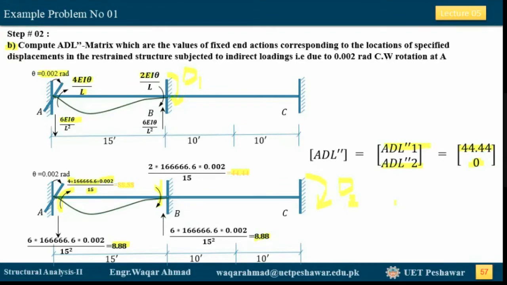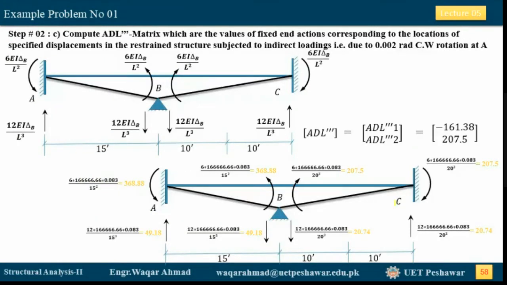Now in step number C, we are going to take the values of the fixed-end actions which are induced due to this 1-inch settlement at support B. The moments at the near and far end are equal to 6EI times this settlement divided by the square of the length, and these reactions are equal to 12EI times this settlement divided by L cube.